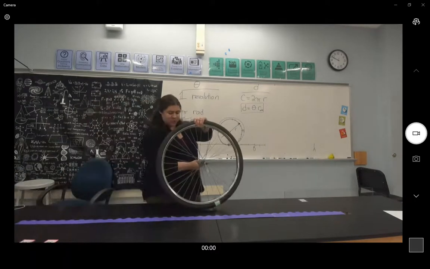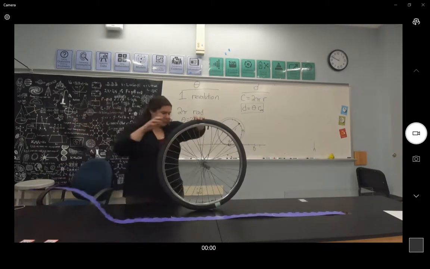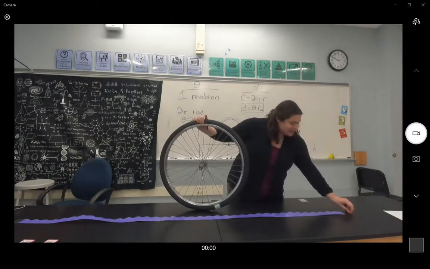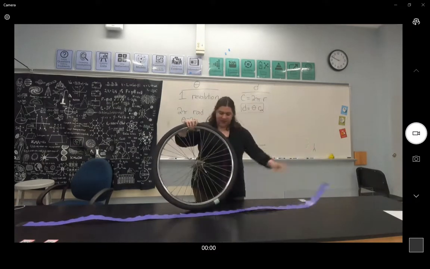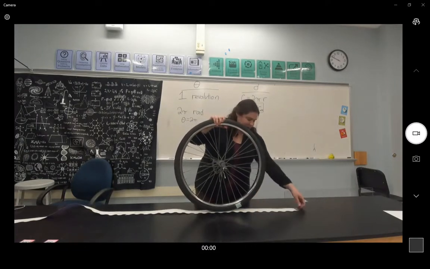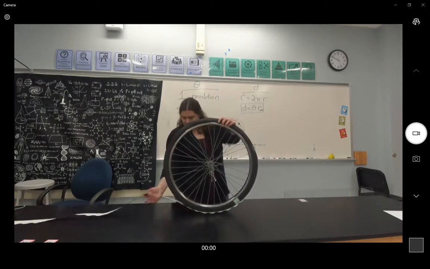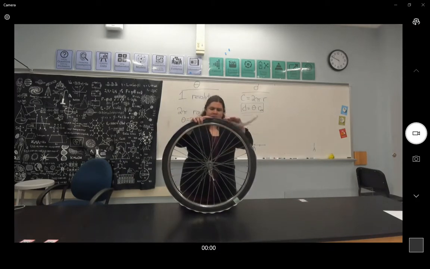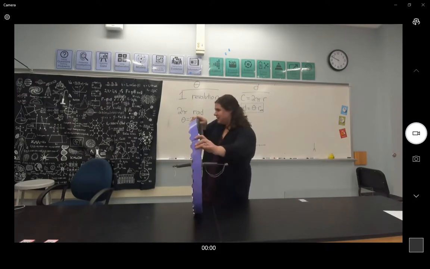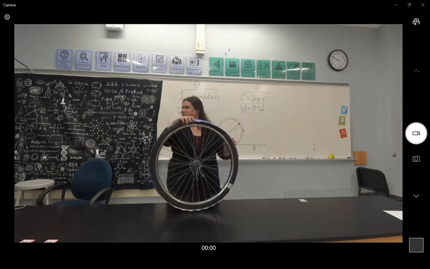Now, just to quickly prove that this in fact is the circumference, I'm going to pick this piece of purple tape up. And I'm just going to wrap it around my tire, just to show that this distance that this object in fact spun is the same as the circumference, 2 pi r, of the outer edge of the circle. So I'm just going to quickly keep that there, wrap it around, and you can see it looks pretty big, but when I get back to the beginning, I'll try to zoom in, but this perfectly locks once around this circle.